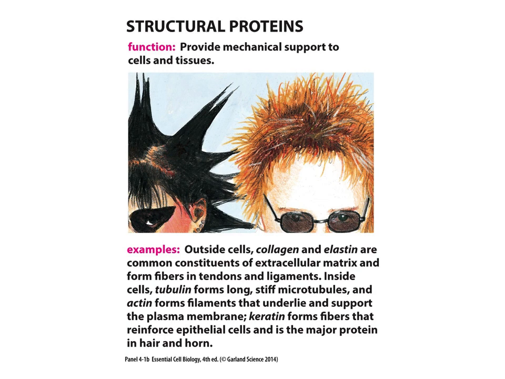Some examples of structural proteins would be collagen or elastin. These can form fibers in our tendons and ligaments. If we look inside cells, things like tubulin, which forms microtubules, or actin that forms filaments. Actin's really important for that rearranging of the cytoskeleton so that we get things like amoebas that can move, right?